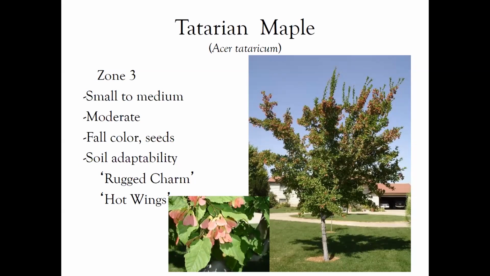Out of the small maples, Tatarian maple and Amur maple, this is the better of the two. It's way more tolerant of high pH soils. And there are some nice cultivars out there, Rugged Charm and Hot Wings, which has a really brilliant fall color and a really nice color to the seeds as well.